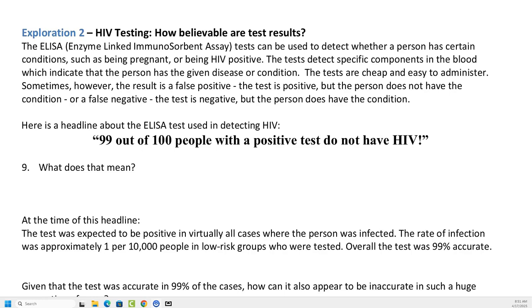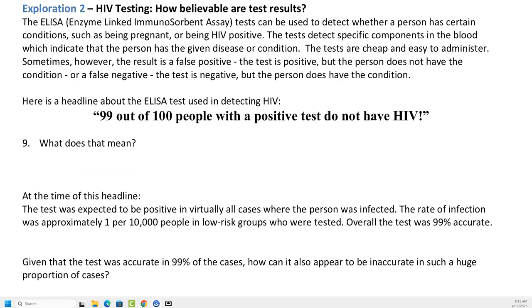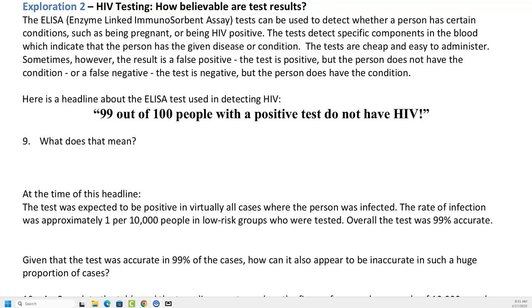The tests are cheap and easy to administer. Sometimes, however, the result is a false positive. A false positive means that the test gives a positive, but the person does not have the condition. Or you can get a false negative, where you get a negative when the person actually has the condition.